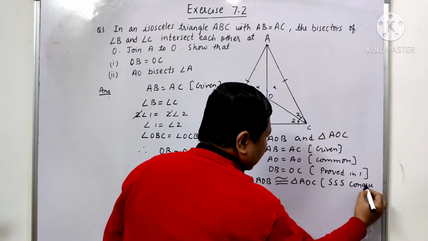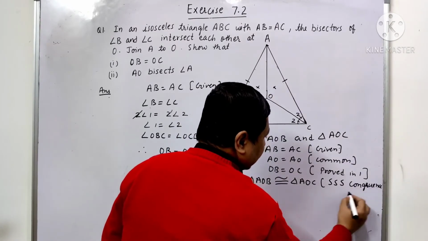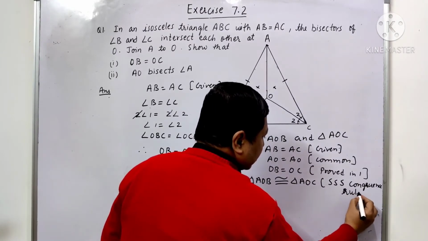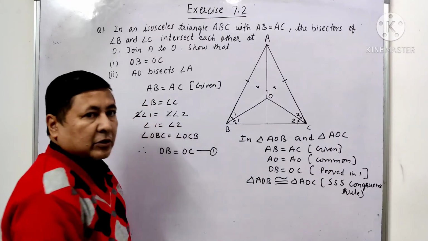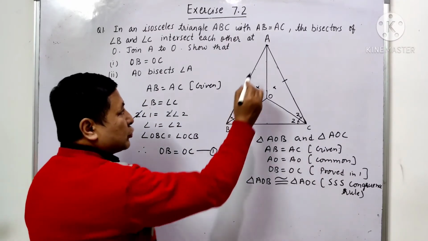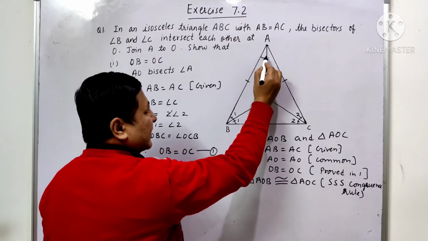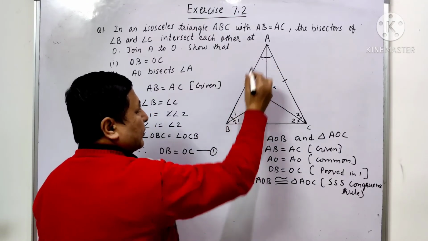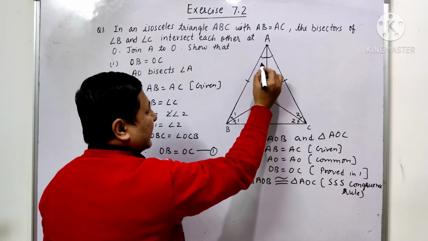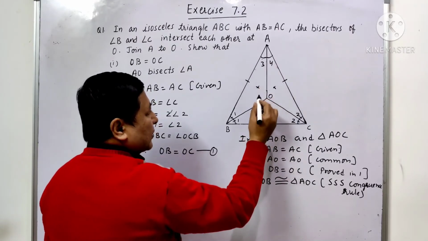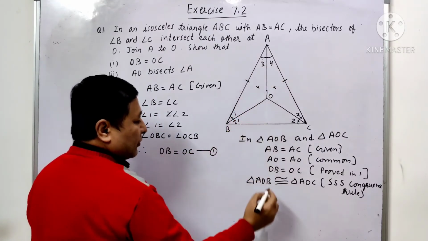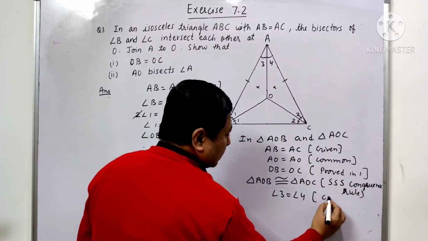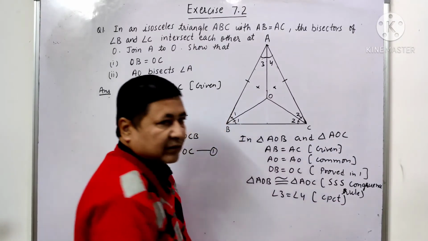All three sides of the triangles are equal. Now the corresponding parts, this angle and this angle, the name of this angle is BAO, or we can mark them as angle 3 and angle 4. Angle 3 and angle 4 will be equal, due to corresponding parts of congruent triangles.